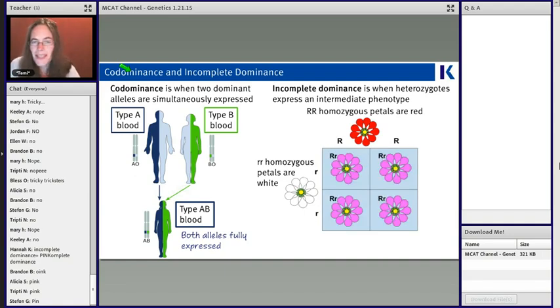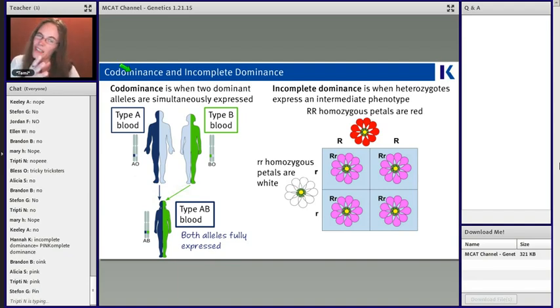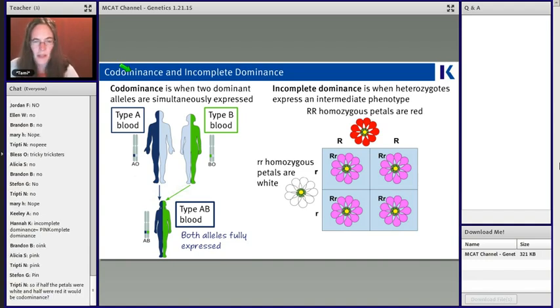So this is incomplete because it's some red and some white, which made them pink flowers. This is not the same as codominance, okay? Codominance, they're expressed the same. Incomplete dominance, we have a blend of the two different things.